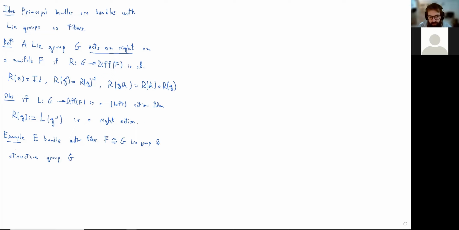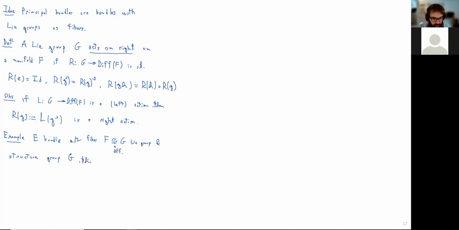So G is a group, and we're just saying that each fiber is diffeomorphic to G. And it's important because these fibers are not groups per se. They're just manifolds, and they happen to be diffeomorphic to this Lie group.